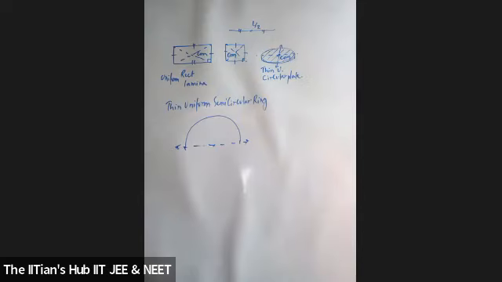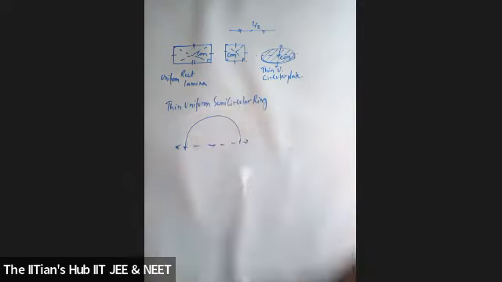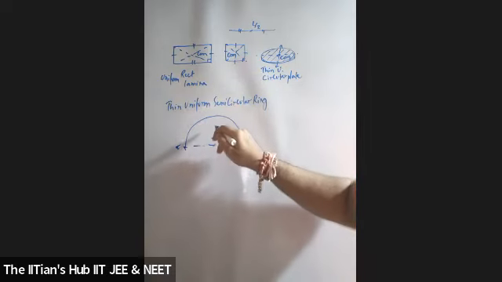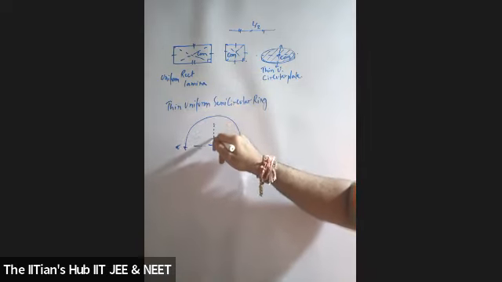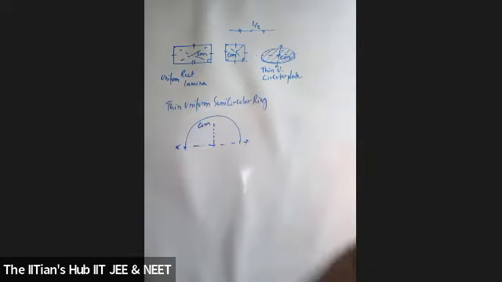then where exactly do we find it? Where is the mass distributed? Mass is distributed towards the circumference. Center of mass will shift towards the circumference, students. So for a thin uniform semicircular ring, this is the center of mass. This is the center of the ring. At what height do we consider?